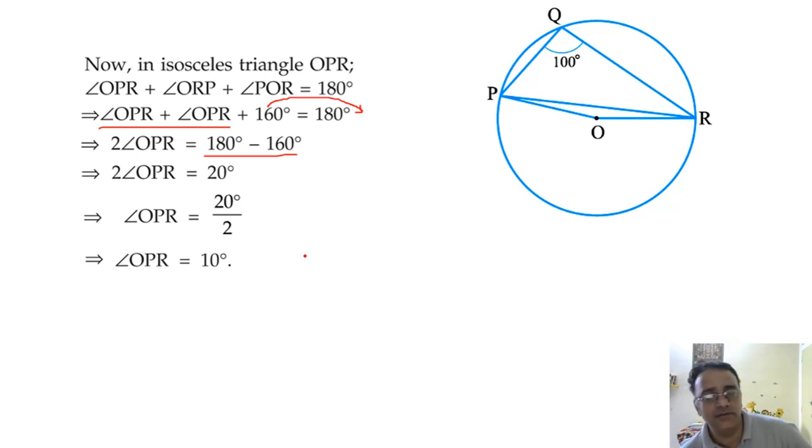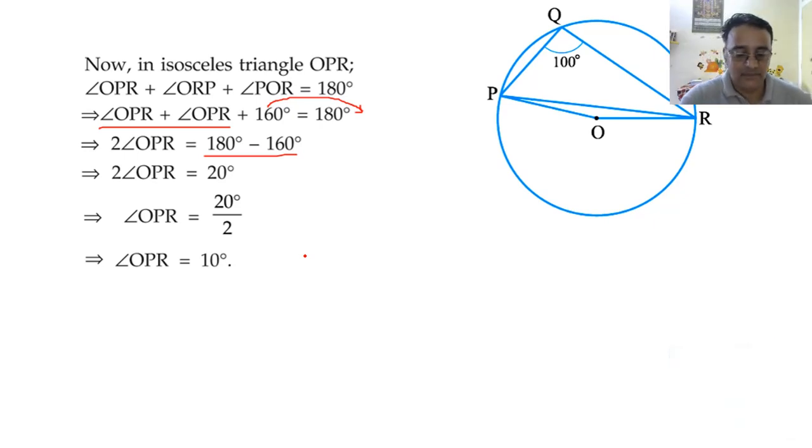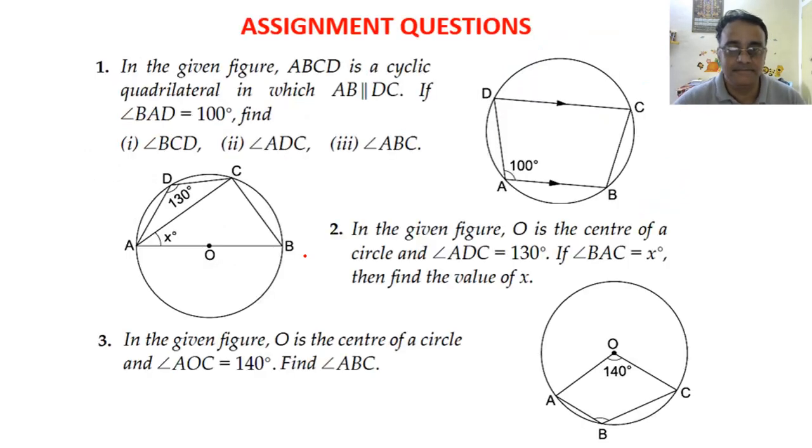Okay. Any doubt? Okay. So this was the last question, and now we are moving towards the next section, our assignment questions. Only 3 questions are there. In the first question you have to find all 3 angles: angle BCD, angle ADC and angle ABC.